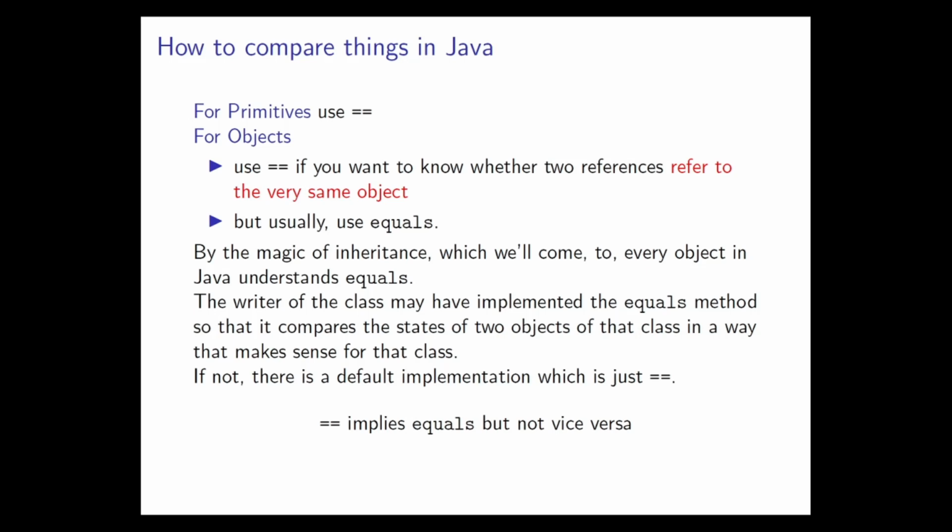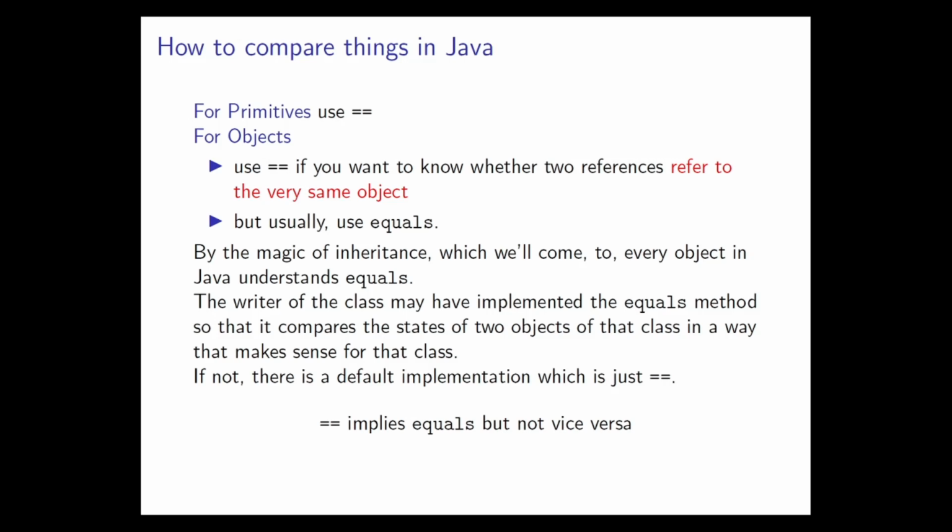Now, by the magic of inheritance, which we'll come to later, every object in Java understands the equals message, so that will always work. The question is, what will it do? It may be that the writer of the class you're using will have implemented the equals method in such a way that it compares the states of the two objects of that class in a way that makes sense for that class.